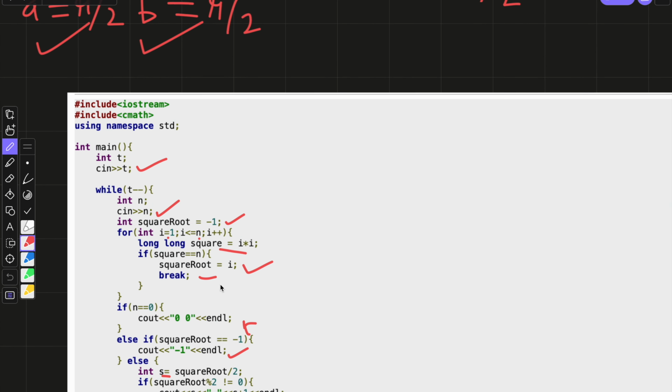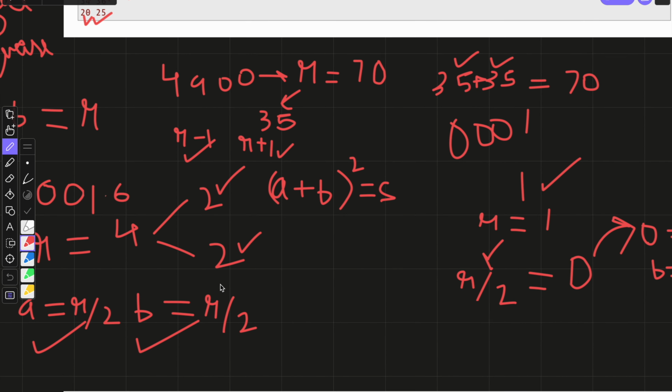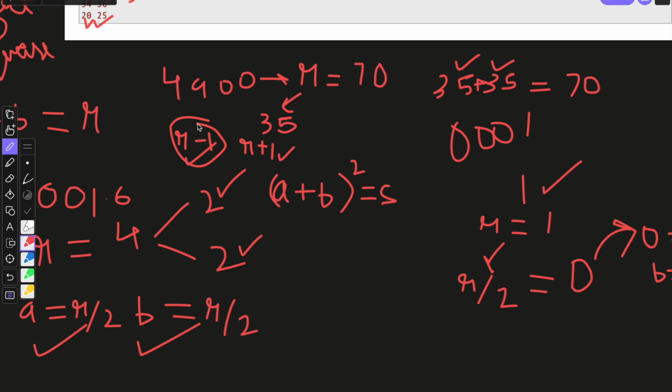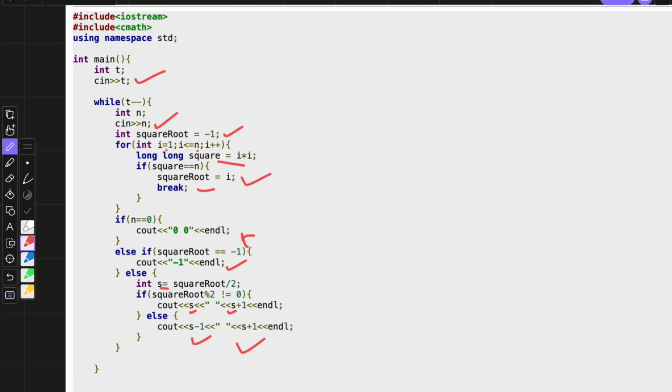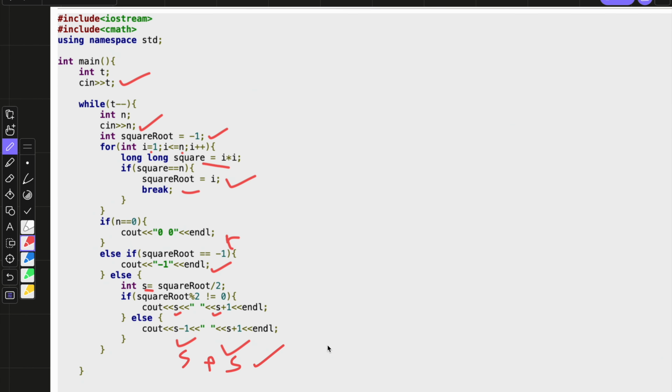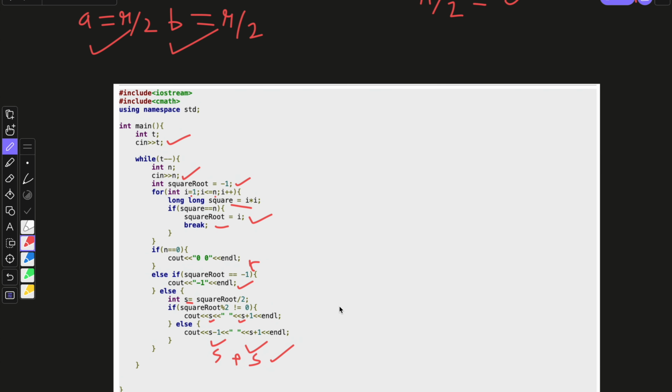This is the one that we discussed. We can generate this pair as well, and we can also do it as s and s, because when we add them it will give the same square root. Okay, so thank you. I hope you got the solution and were able to understand it.